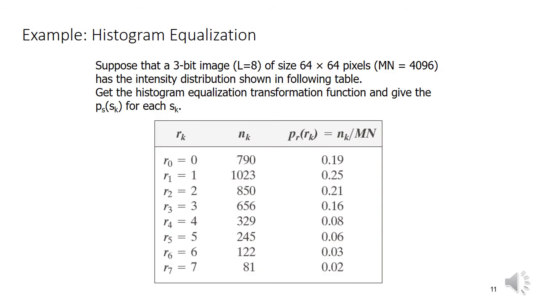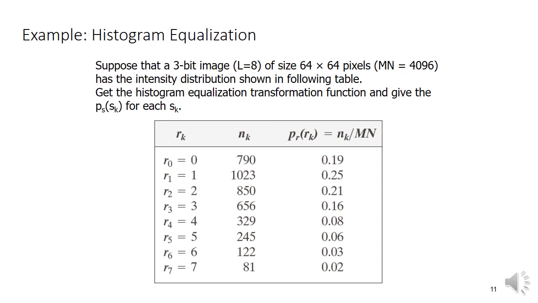Okay, here we have an example of histogram equalization, and this is very important from the examination point of view. Suppose that we have a 3-bit image, not 8-bit but 3-bit. If we have 3-bit, then we have total intensity levels which are 8. And suppose we have a size of 64 by 64 pixels.